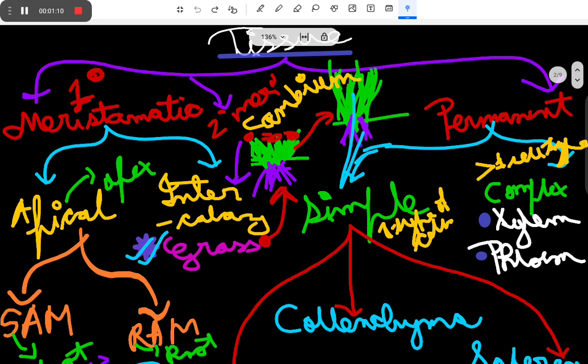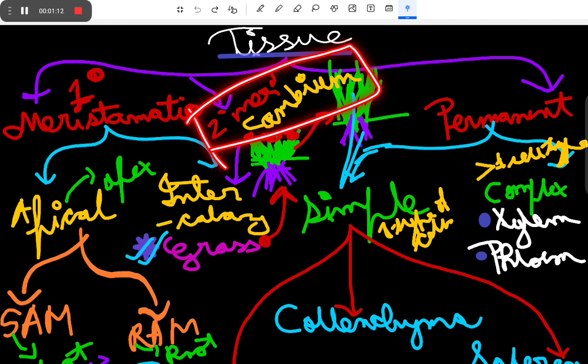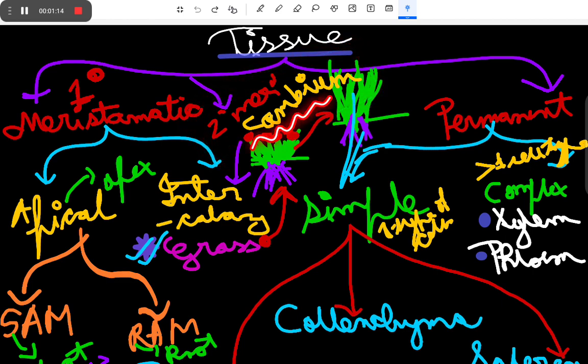In my first lecture I didn't tell about this thing, the cambium. I told that tissue can be classified into meristematic tissue and permanent tissue, right? And here are all the types of meristematic tissue classification.